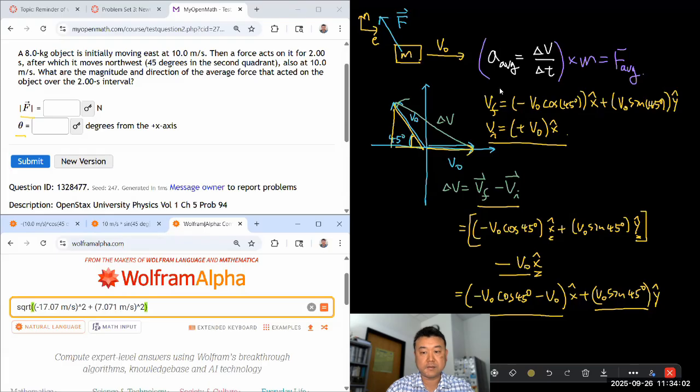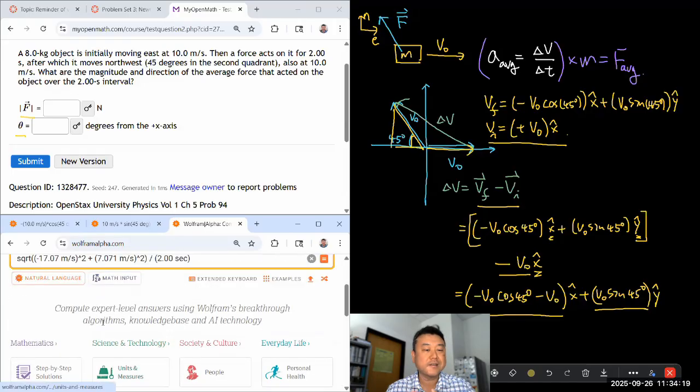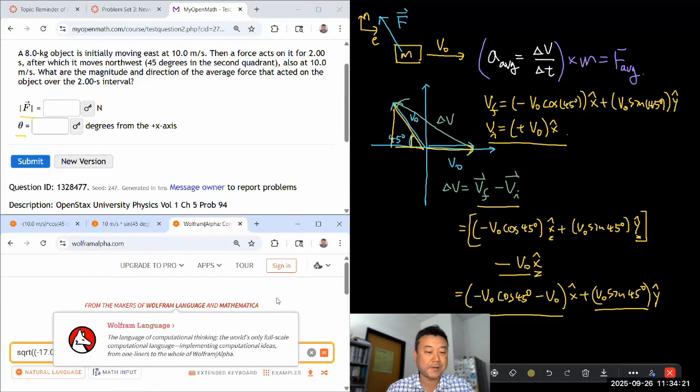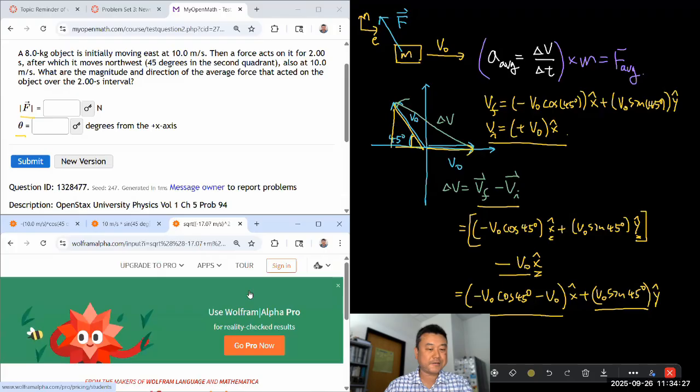This is my delta v so far. Let me divide it by the time, 2.00 seconds, and I'm keeping all these units because the units will tell me if I missed something. Like if I stopped here and looked at the answers, none of them are newtons, that tells me I forgot to multiply by mass to get force. So let me not forget to multiply by mass and get force.